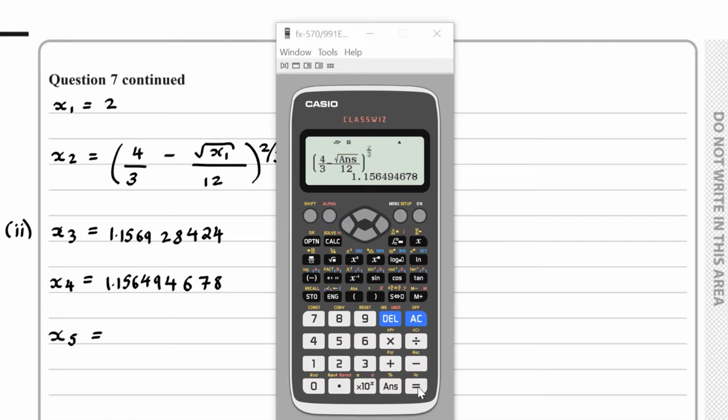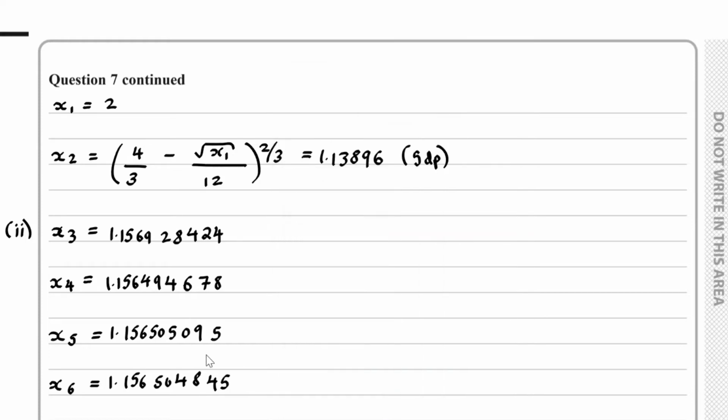x5 is equal to 1.156505095. x6 is equal to 1.156504845, and what you'll notice over here, x5 and x6 both round to the same value after 5 decimal places.